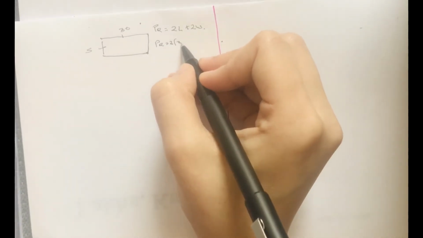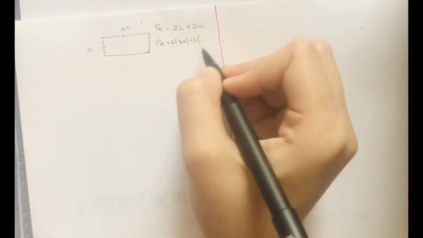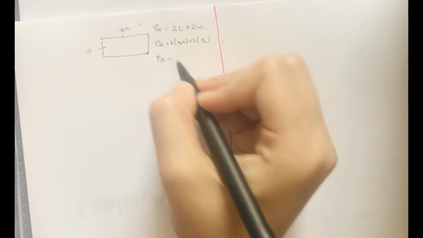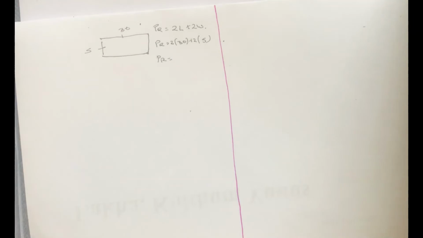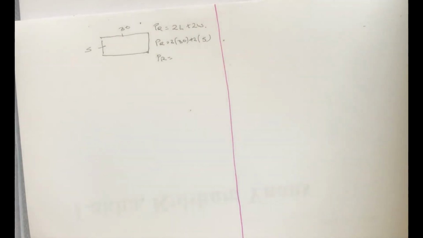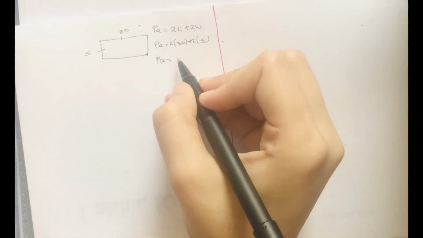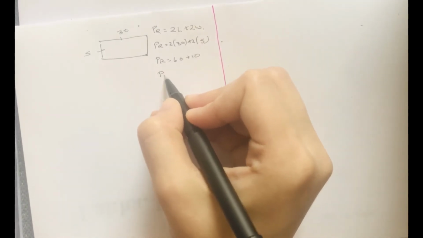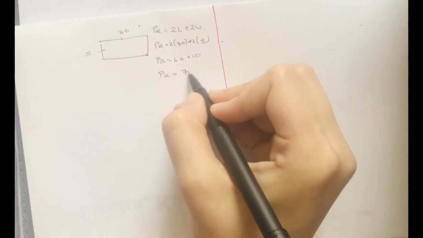It's 30, plus 2, what is your width? That is 5. And then you remember, according to BODMAS, multiplication comes before addition. So before you add, you need to multiply 2 times 30 and 2 times 5. So 60 plus 10, the perimeter of the rectangle is equal to 70.